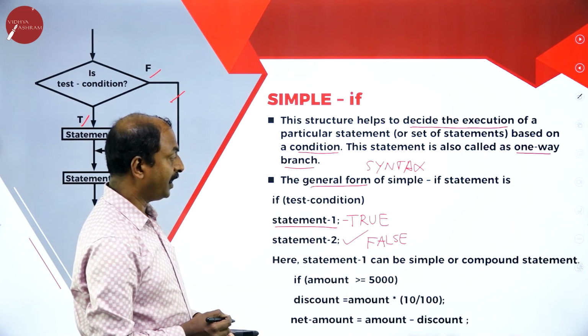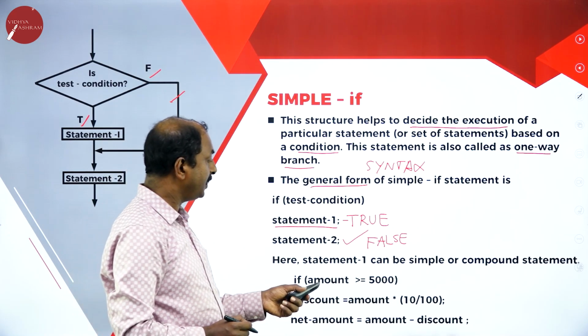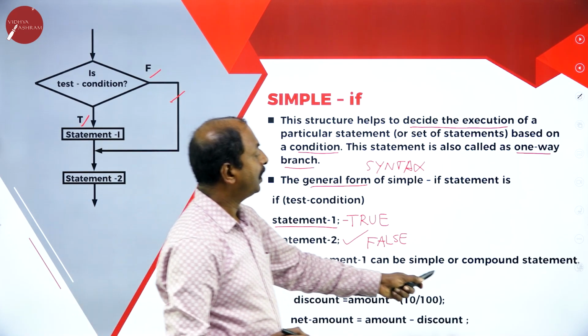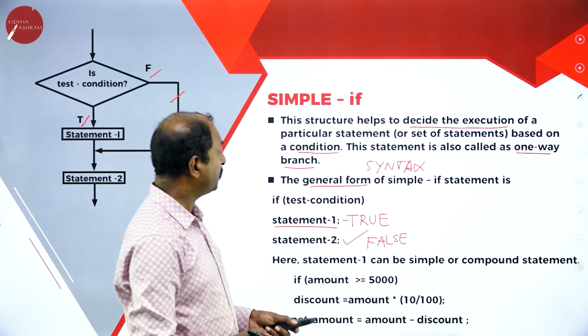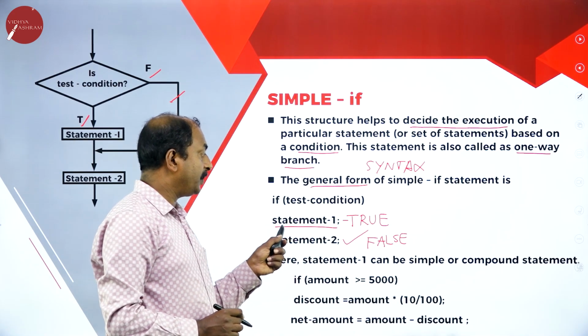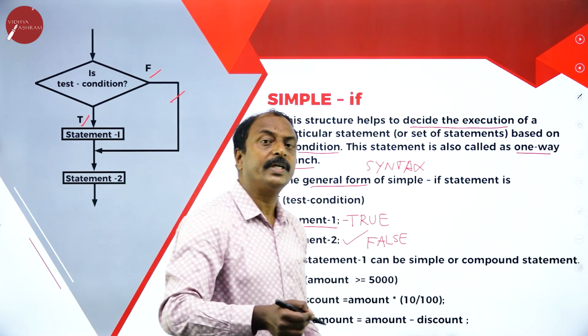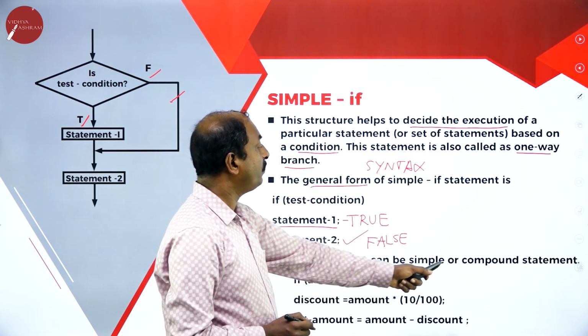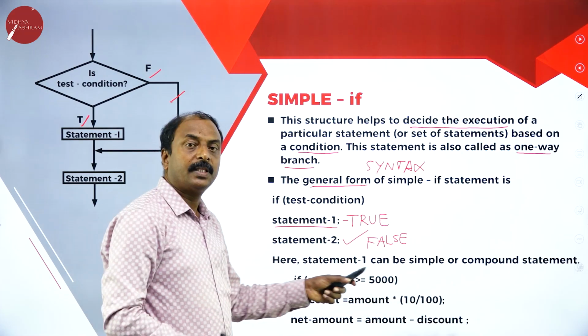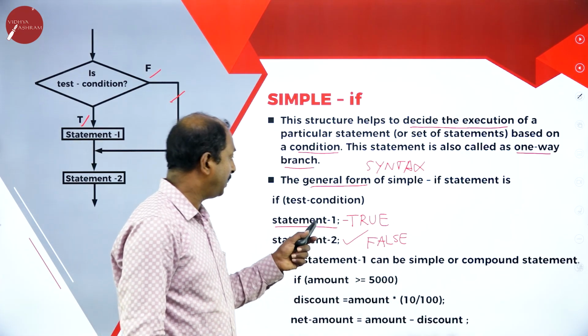Now let us see the statements here. Statement 1 can be a simple or compound statement. What is the meaning of statement 1 here? This is statement 1. Here you can have more than one statement. That is the meaning of compound statement. If you have a simple statement, only one statement will be there.